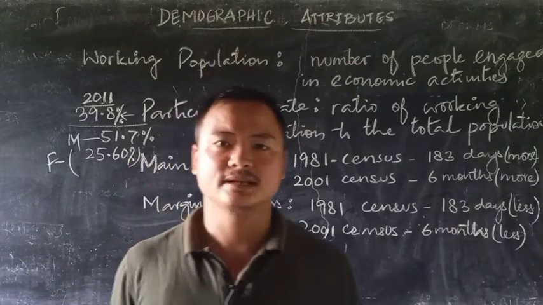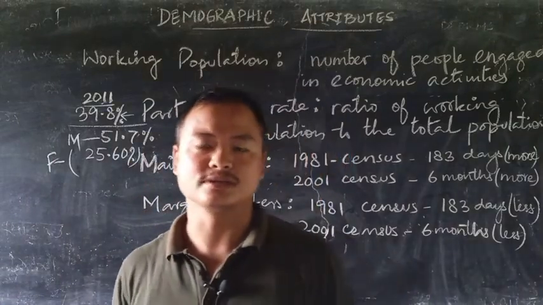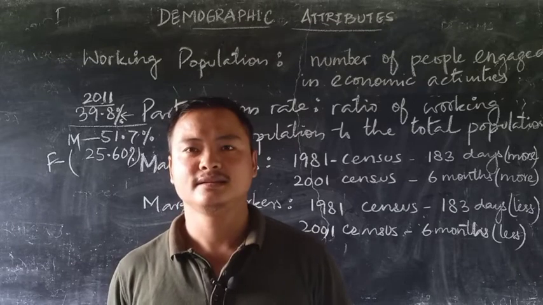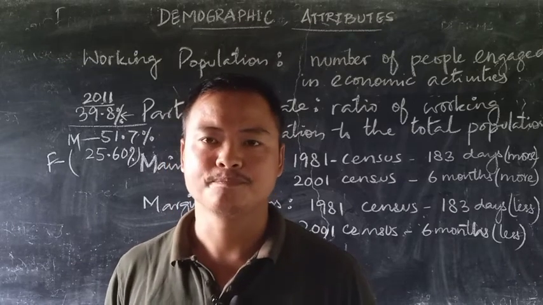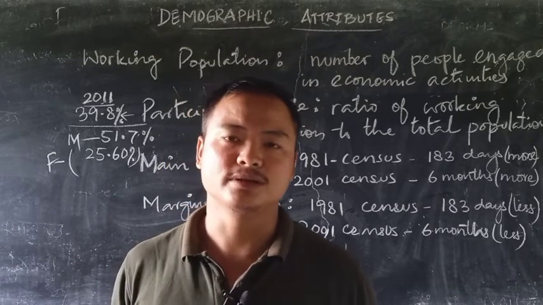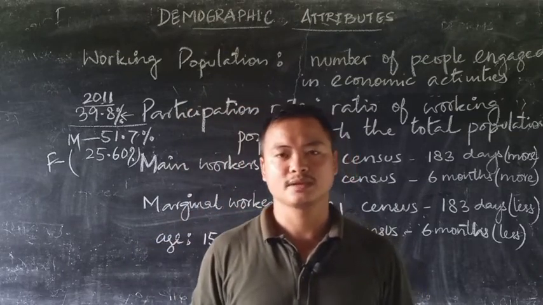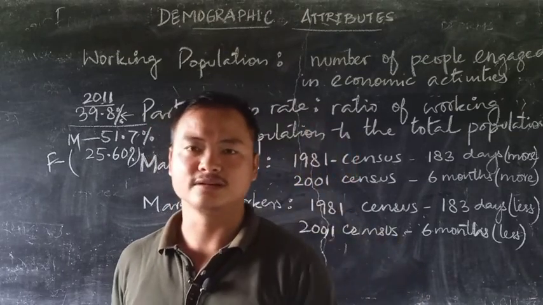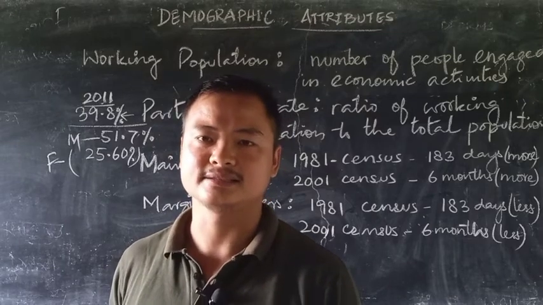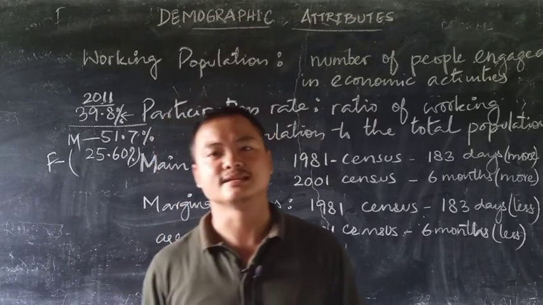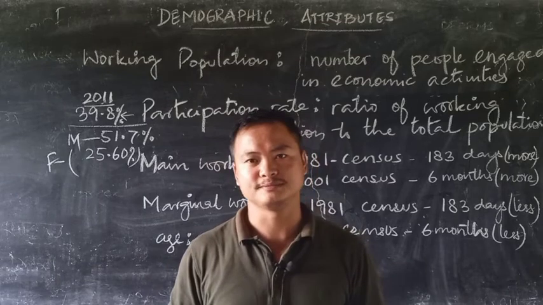So this figure shows us that even in the economic sector, we find the dominance of males over females. This is, as we already have learned in terms of population characteristics, that the male population in India is more than that of the female population.